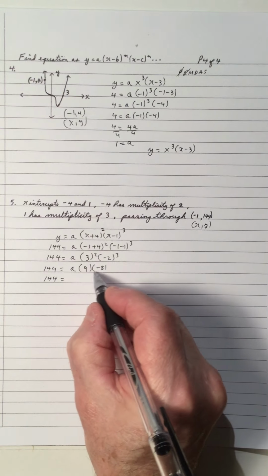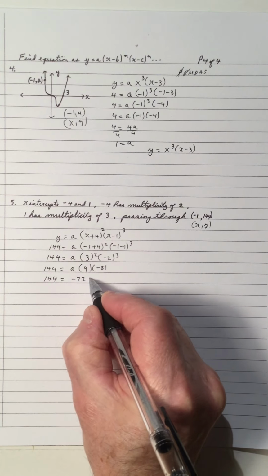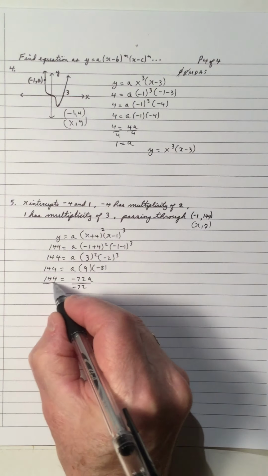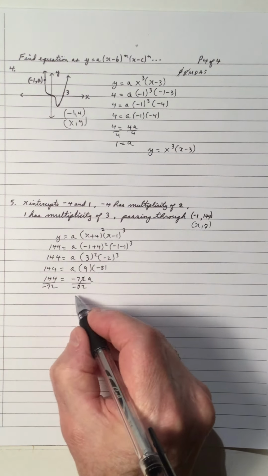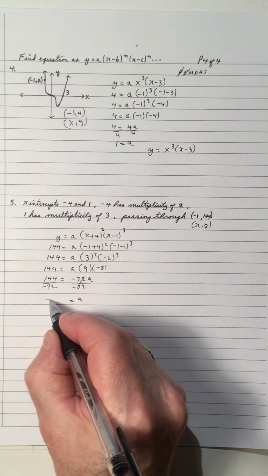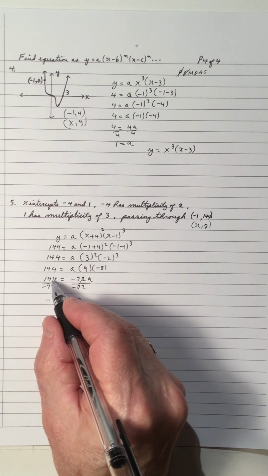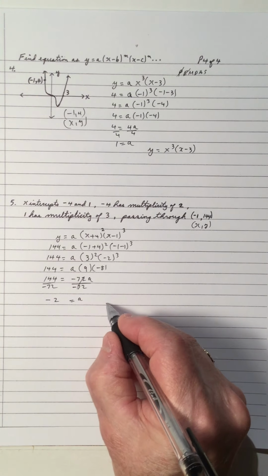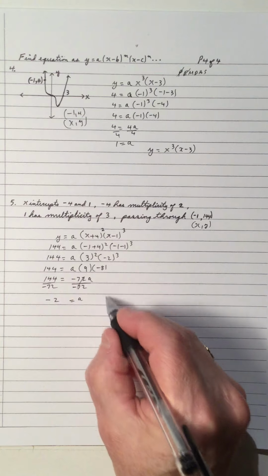144 is a negative 72a. So we want a, we divide by negative 72 on each side. They cancel. And positive divided by negative, negative. And 144 divided by 72 is negative 2. And the equation is right here.